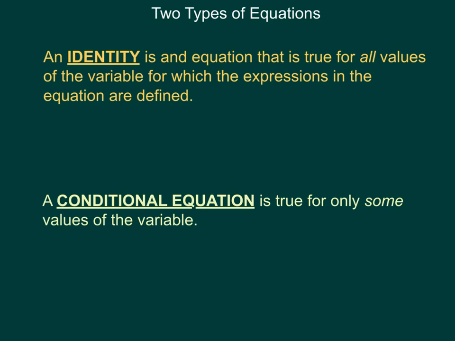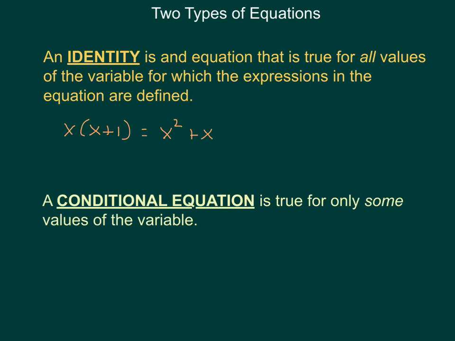For example, you have seen something like this. x times (x plus 1) equals x squared plus x. That will be true for every single value of x. No matter what value you put in there, every real number, that will always be true. Both sides will be equal to each other.